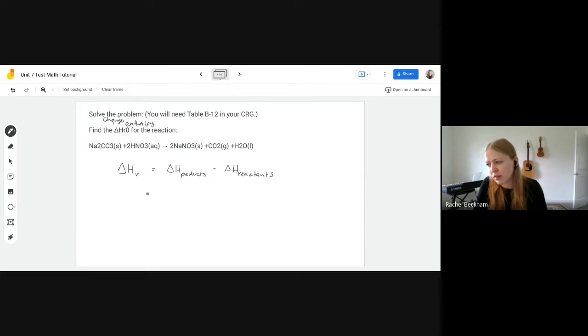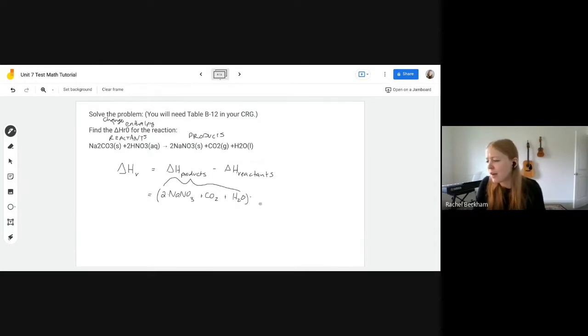Remember, my products are on the right-hand side. These are my products right here, and these are my reactants right here. So let's plug this in and apply it to our problem. My products are the 2 times NaNO3 and the CO2 and the H2O. Those are my products, so I'm plugging that in right there.